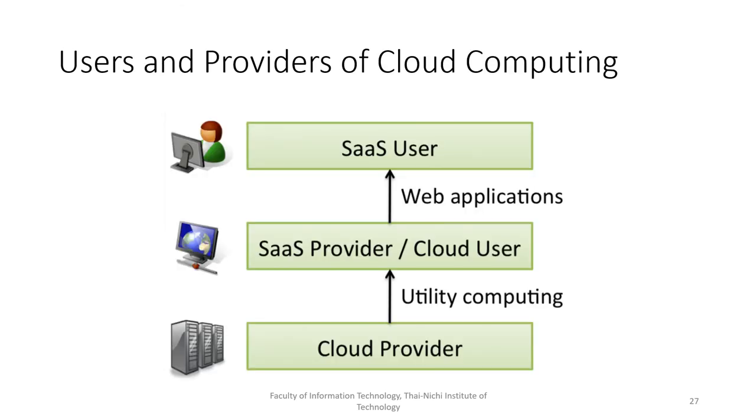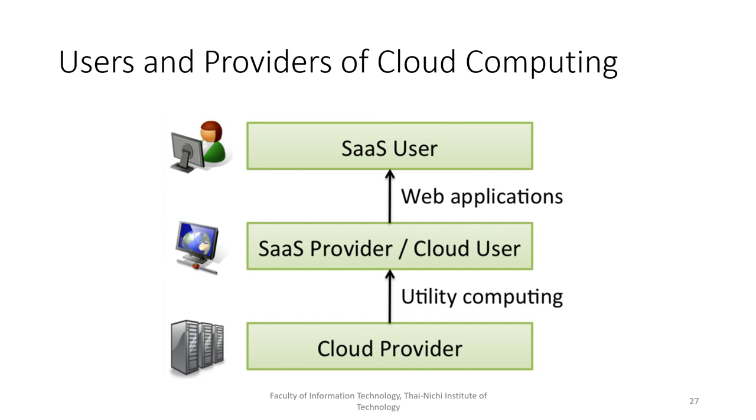So when we understand cloud computing, we need to understand the users and providers of cloud computing. On the bottom we have the cloud provider, someone like Alibaba Cloud or AWS or Azure. They provide the utility computing to the SaaS provider or the cloud user. And on top of this SaaS provider, we install the web applications.